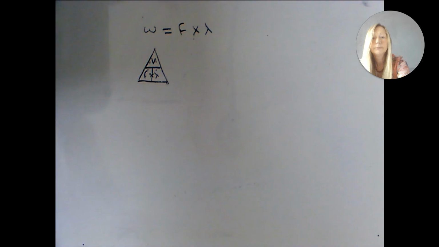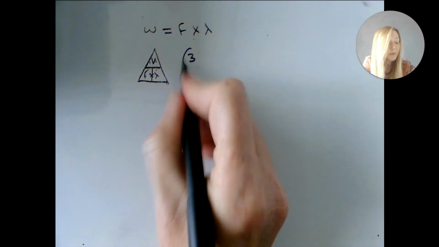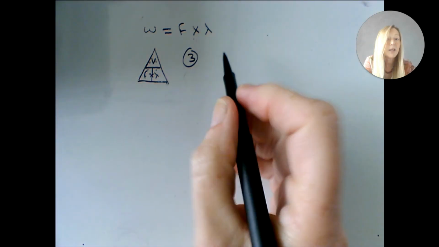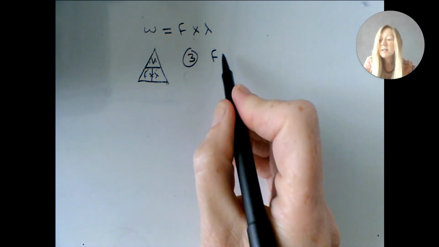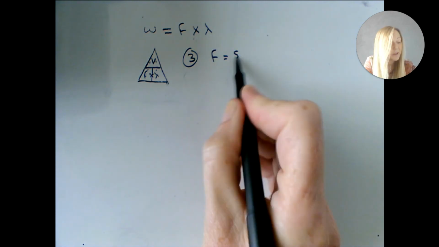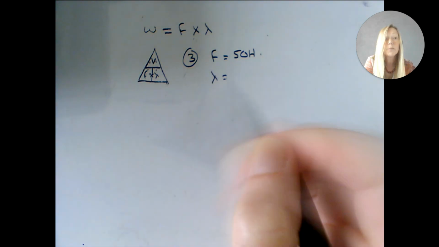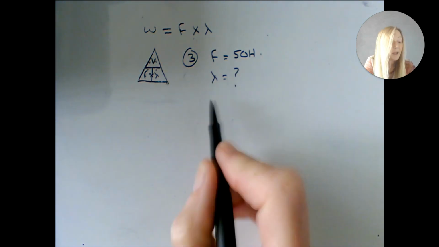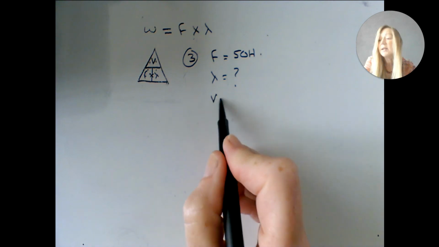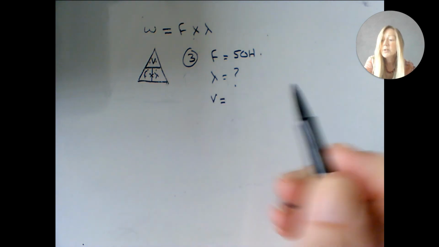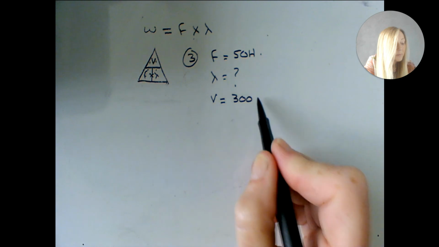Question 3, again, they gave us a frequency of 50 Hertz. The wavelength, this time, is the one they wanted to know, and the velocity was 300 meters per second.